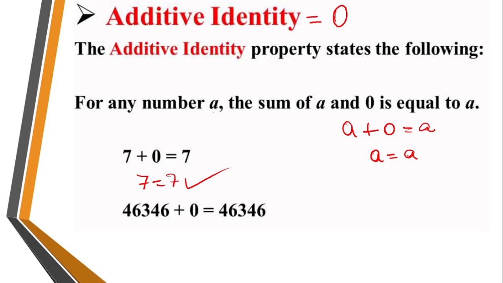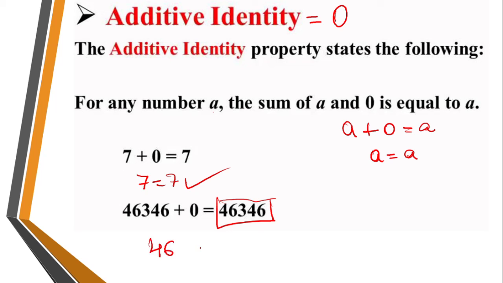Why can we say that? Because if we add any number with 0, it will not change the value. So we can say that the additive identity is 0. Now let's take another example. So 46,346 plus 0 will also be 46,346 only.